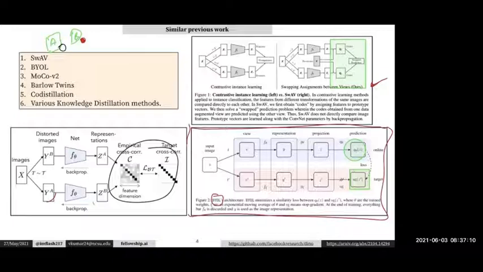So what you do is you break this portion. Instead of feeding the same image, you feed two different images now. You feed A here and you feed B here. And because these F theta are the same, you can find two different representations, as you mentioned.